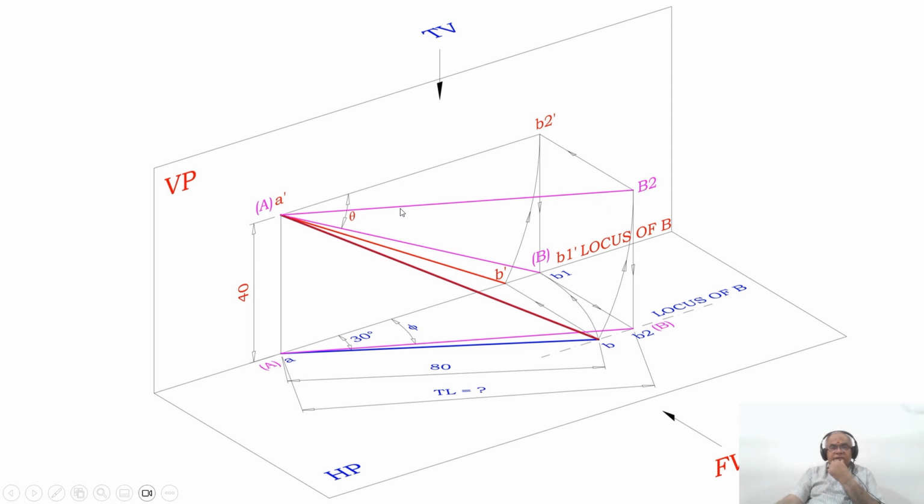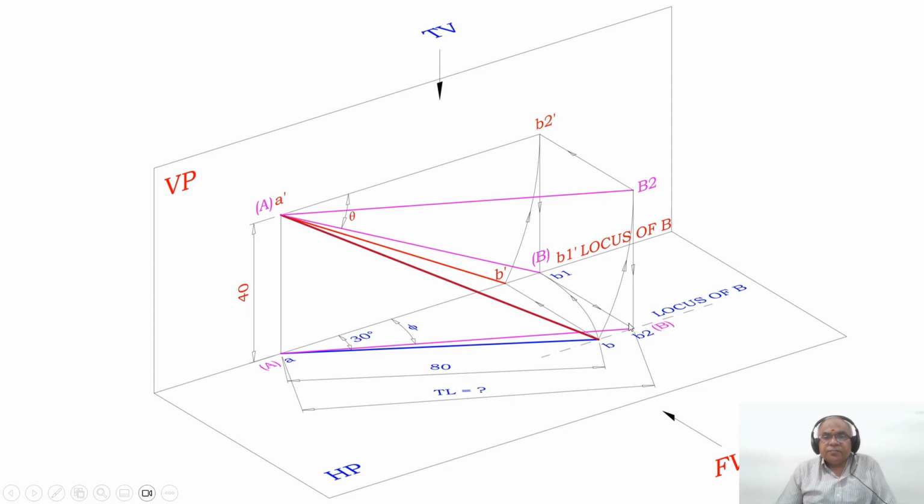How should I get this? With A as center, taking the radius of this, which is in space, you rotate this endpoint B here such that both this point and this point will be parallel to HP. Since it is parallel to HP, you are getting the true length in HP.